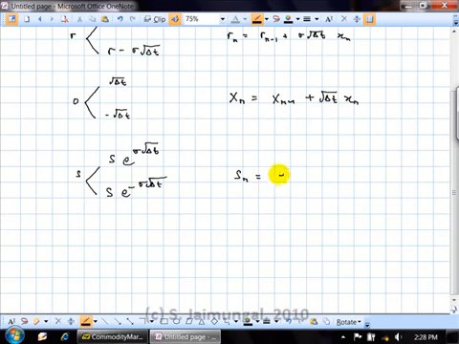Suppose I took S0 times the exponential of big X at time n. Are you convinced that that would give me the same result as this tree? Oh, sorry, there's a sigma missing there, isn't there? There we go. And in terms of the r, let's put r0 plus sigma Xn.